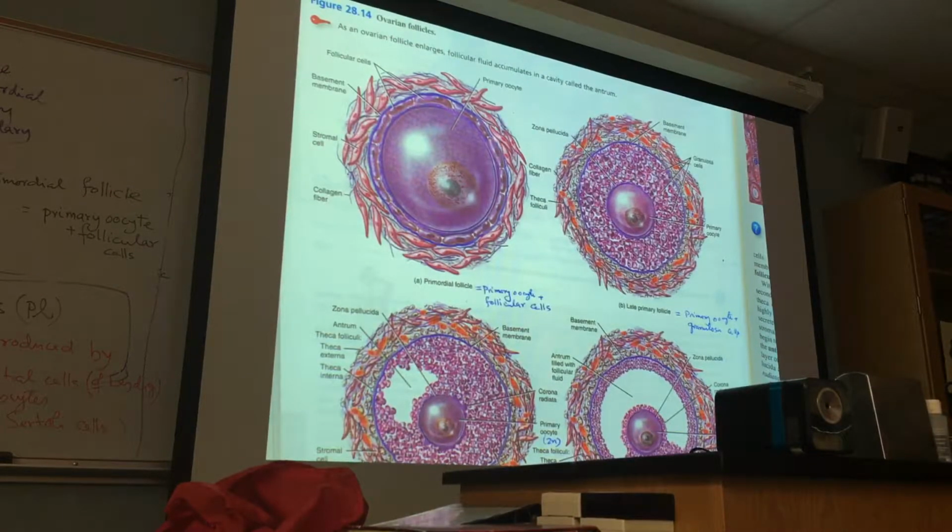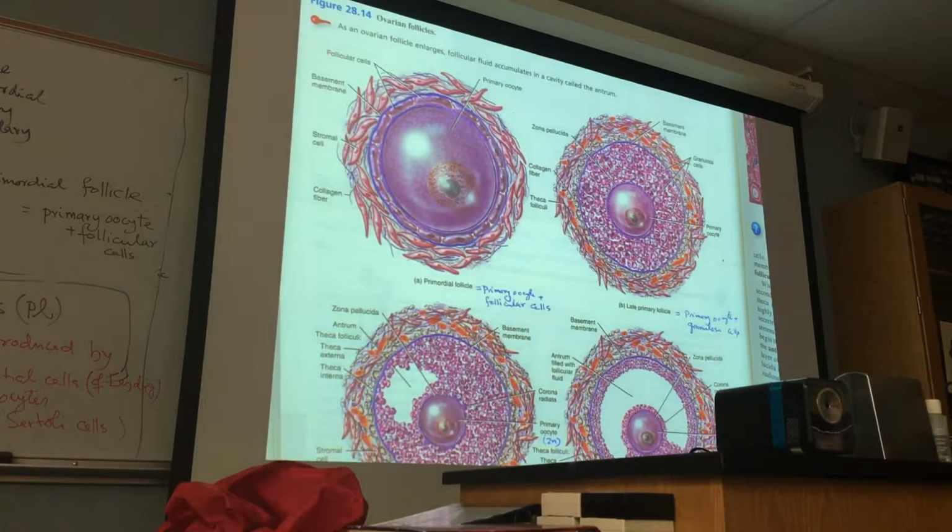Because the follicular cells divide repeatedly. Through repeated mitosis, they increase in number, and when these cells become cuboidal, multi-layered, they are called granulosa cells. These cells start secreting estrogens, and they nourish the primary oocyte.